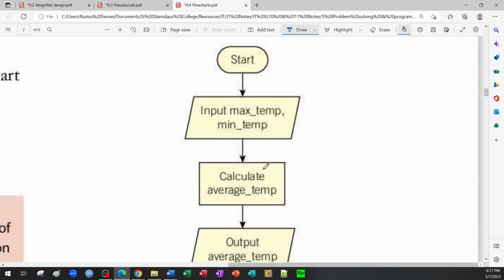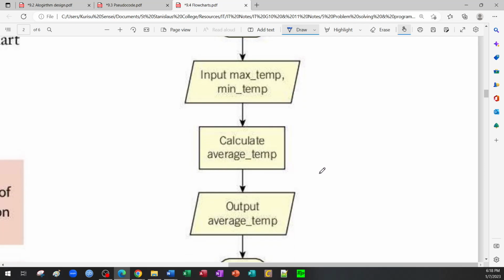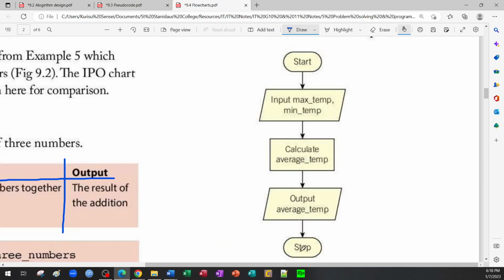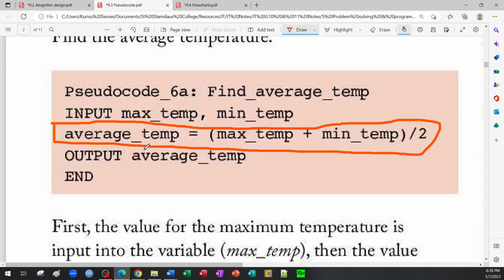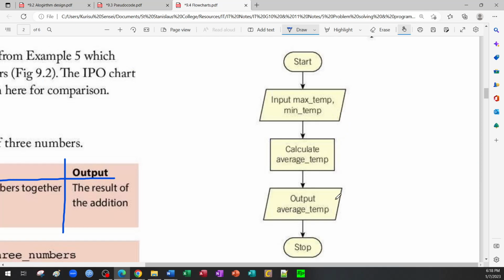Because what tends to happen also is that because you're using symbols, it tends to take up more space on a page. If you notice, this here is taking up so much space, and this here is only taking up 4 lines, and you're finished with this. Whereas this is taking up almost 3 times that size, or 4 times.